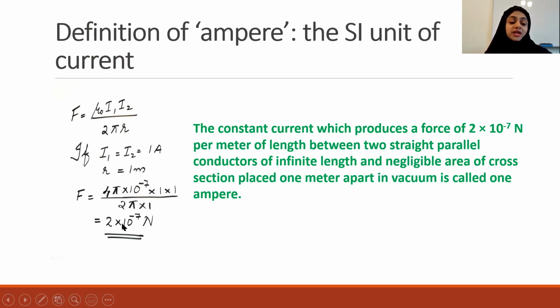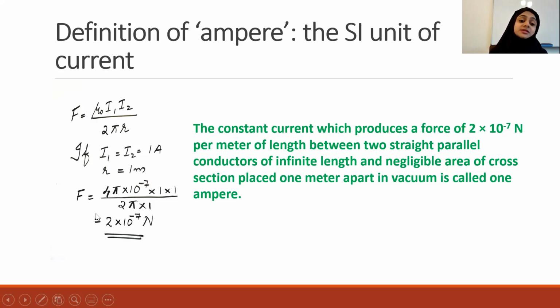So we know that the force acting between two parallel straight wires carrying current of 1 ampere each, and if they are placed at a distance 1 meter apart, and if it is placed in vacuum, then they will experience a force of 2 into 10 raised to minus 7 Newton.